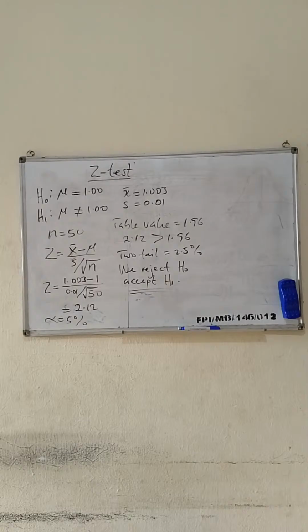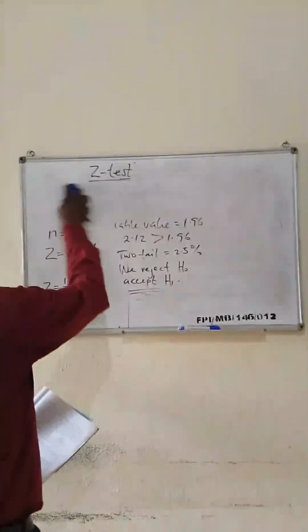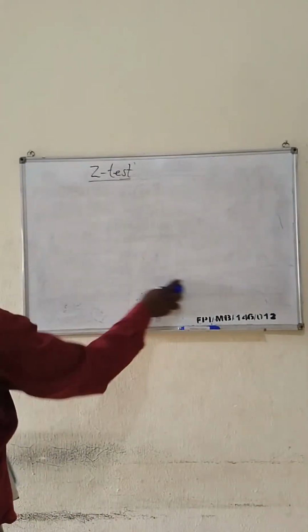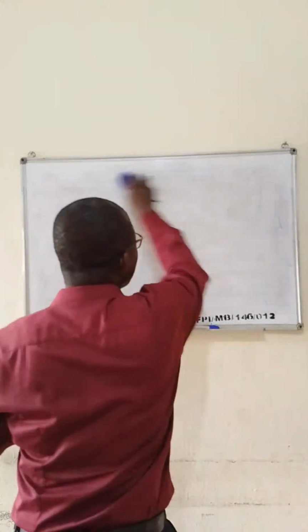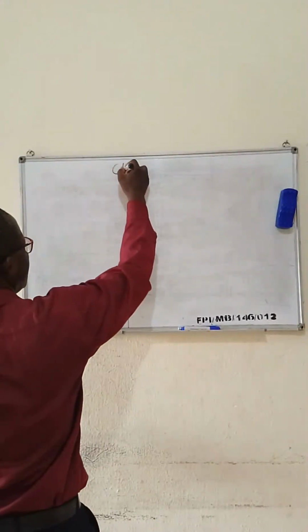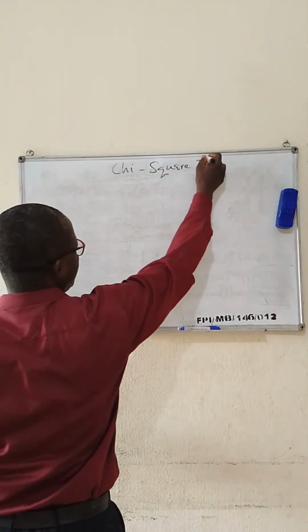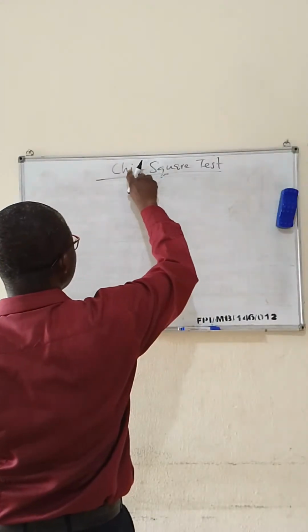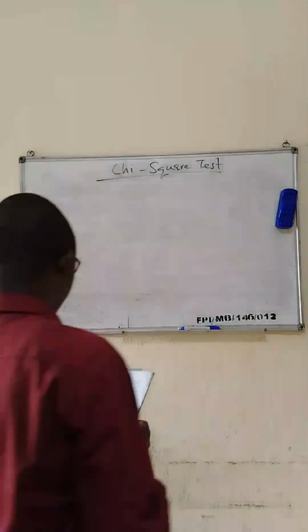We continue. Chi-square test. These examples, the work problems, are also in the handout that you can follow from your own end. So now we go on to the chi-square test. It is written like chi, but it's pronounced chi.